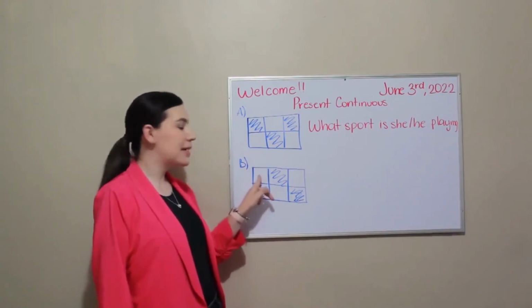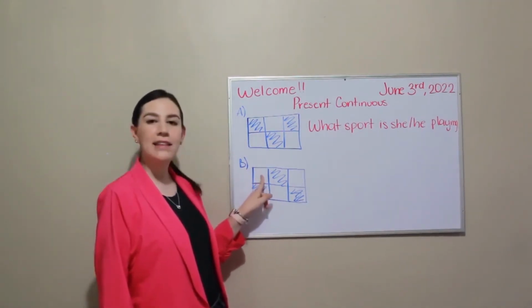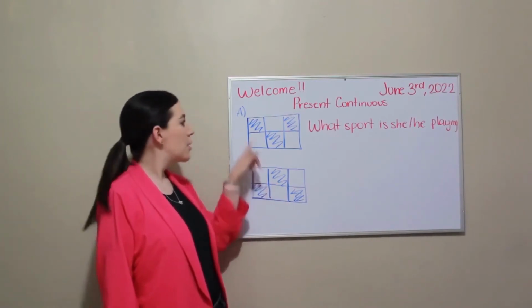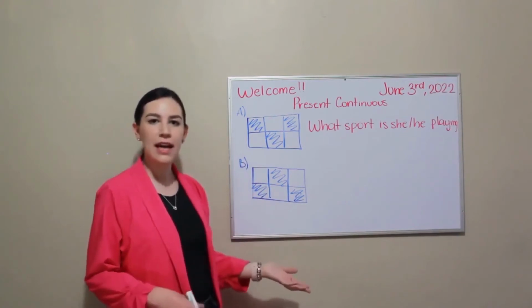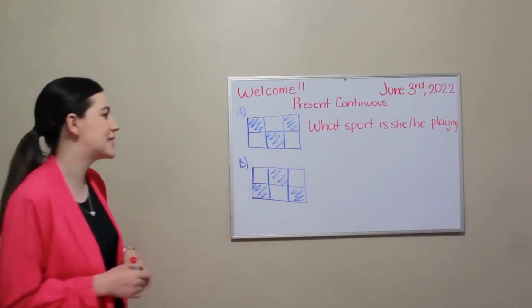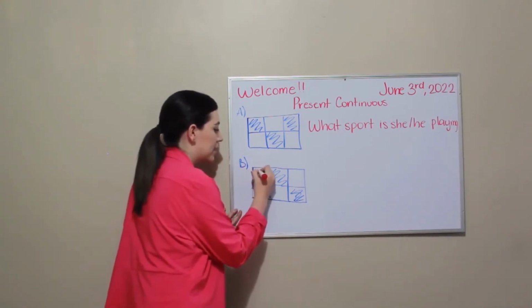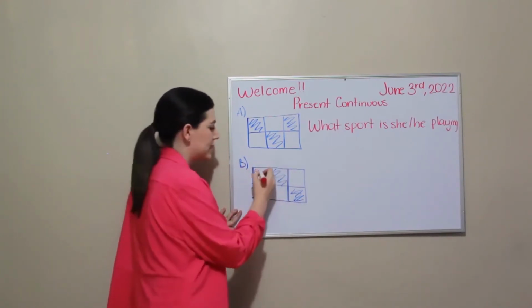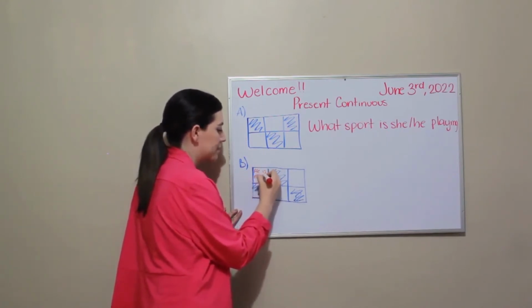This person is going to be asking the question because he doesn't have anything in this square. So the person who has the image is going to say he or she is playing tennis in this case. So you are going to be writing it: he or she, depending on who it is, is playing tennis.